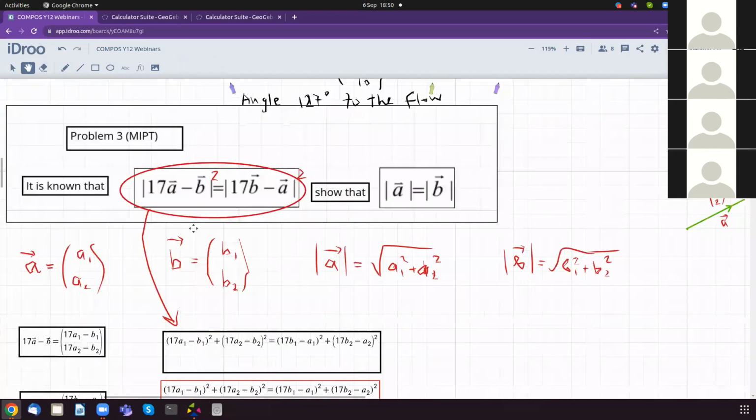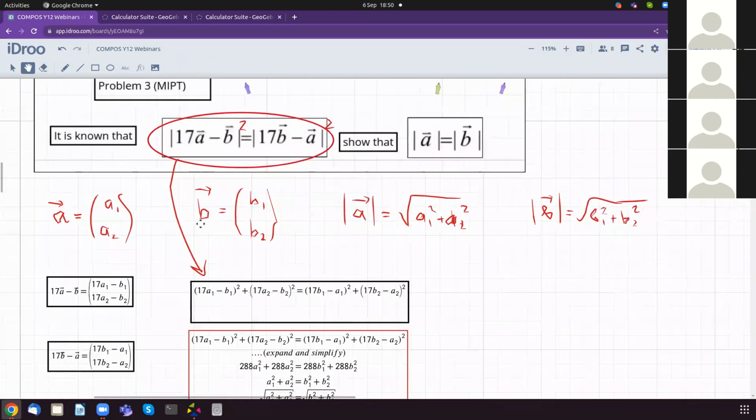So in this case, you have vector 17a minus b, and the vector can be written as a column vector. The modulus of this vector can be written as the square root of that.